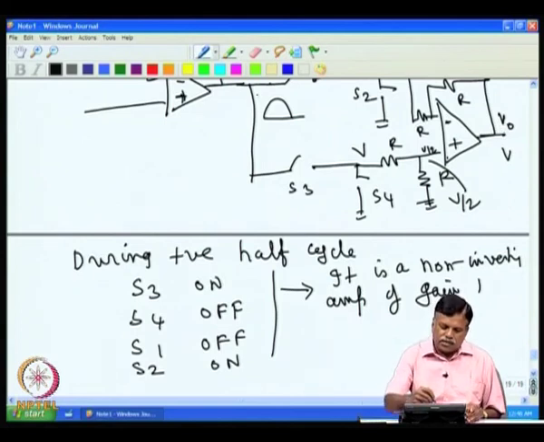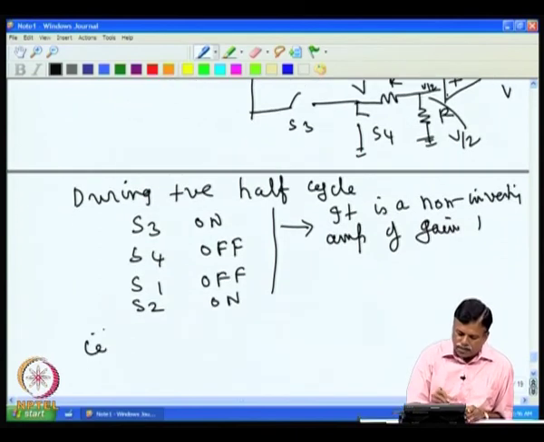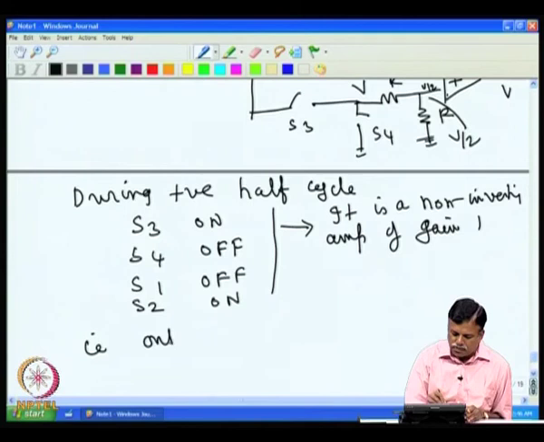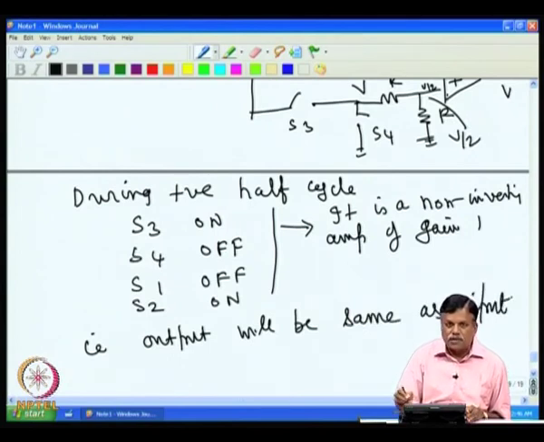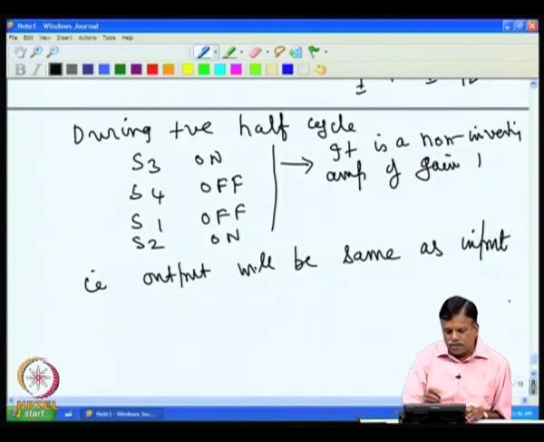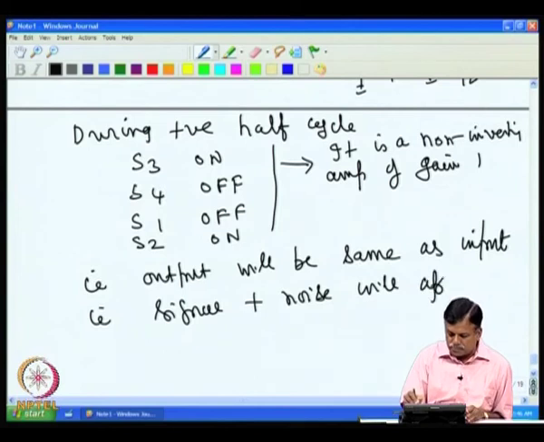So, if the input has signal plus noise, the same thing will appear at the output. The output will be the same as the input; the signal plus noise will appear as it is.